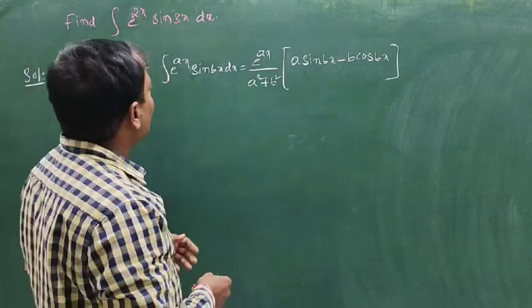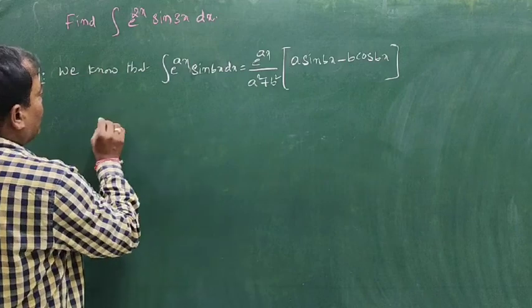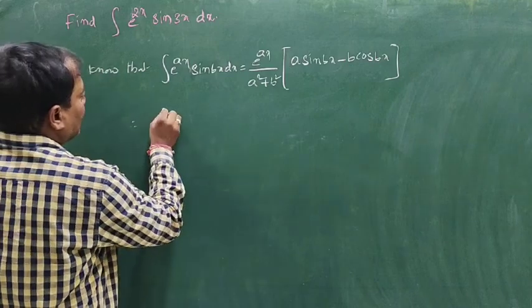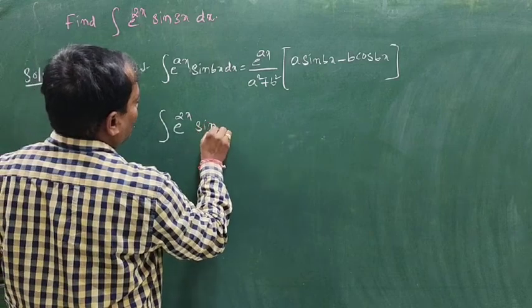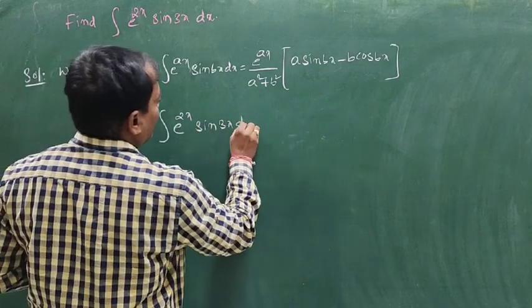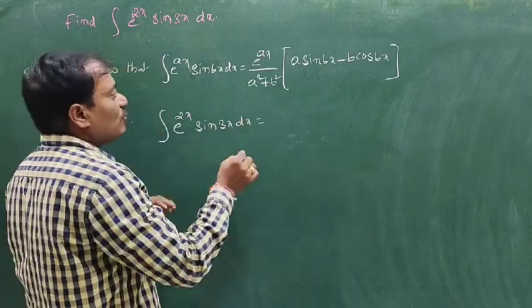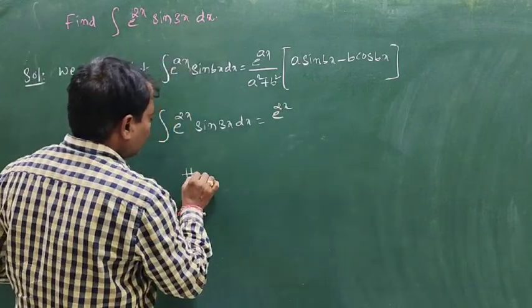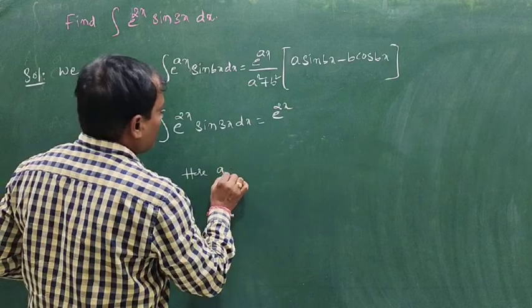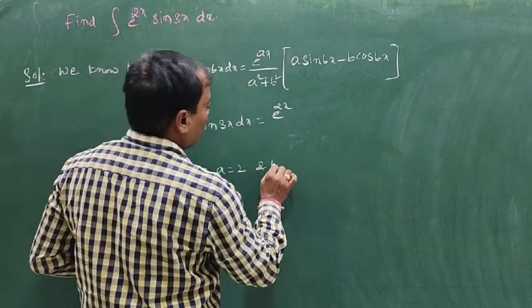Now we compare. Therefore, the integral of e to the power 2x sin 3x dx equals, we write e to the power of 2x as it is. Here a equals 2 and b equals 3.